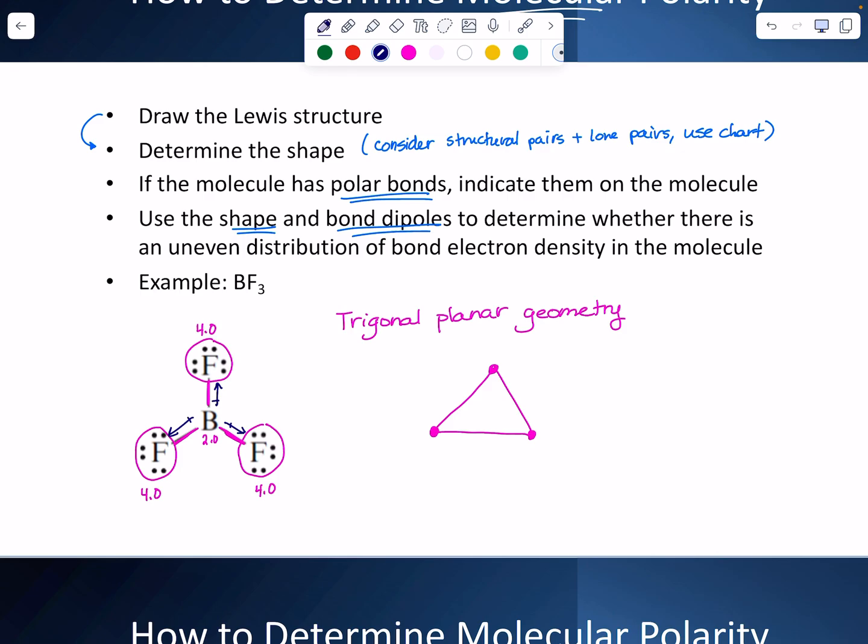Okay. So the question I have to ask is, is this a polar molecule or not? So imagine that you've got somebody in the center, and they're holding on to 3 ropes.